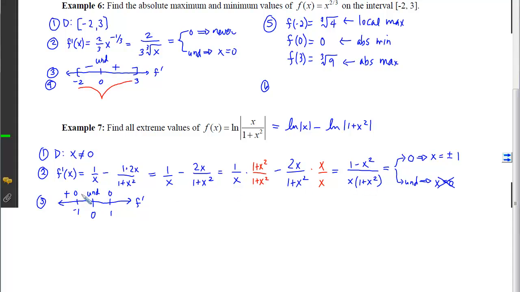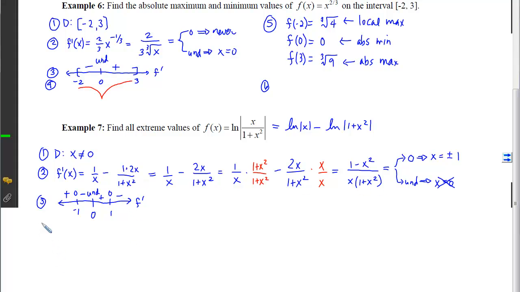So I'll end up with an overall result that is negative. If I'm in between 0 and 1, say at positive 1/2, this will be positive but smaller than 1, so when I subtract I'll end up positive. This will be positive and this will be positive. And lastly, after 1, the top becomes negative while this is positive, as is this, so we get a negative.